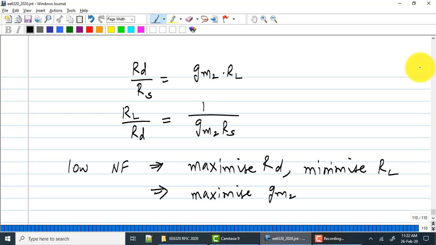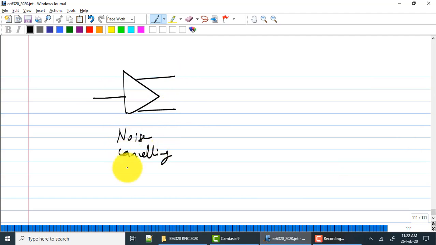So maybe you take your noise cancelling LNA, and maybe you might decide to put it into another stage. What will this stage look like?